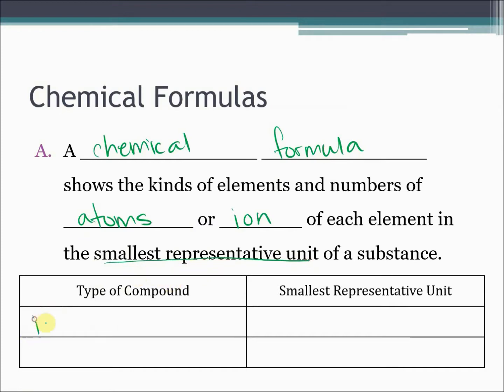We've talked about ionic compounds. For example, things like sodium chloride or potassium bromate, things that are made of a metal and a nonmetal, or a polyatomic ion, are ionic compounds. And the name for the smallest representative unit, one potassium and one bromine and three oxygens, or one sodium and one chlorine, is called a formula unit.